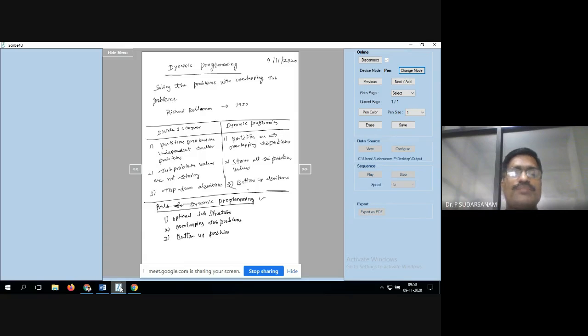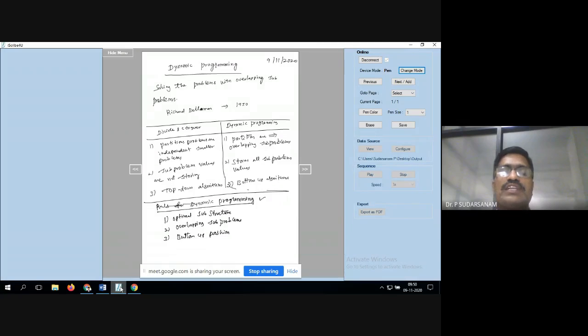Now divide and conquer, I hope you don't have any doubt. There we did quicksort and mergesort. We made partitions, then again split those partitions into smaller problems. That means the first partition again we make two partitions, and again we come to the first partition and make two problems.